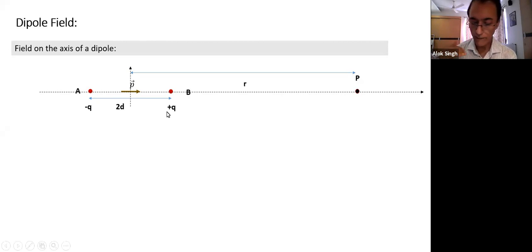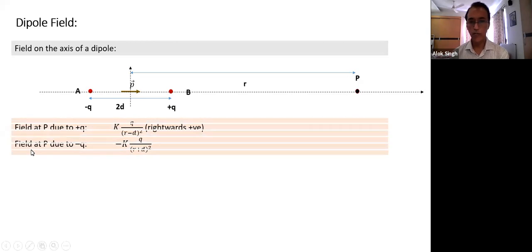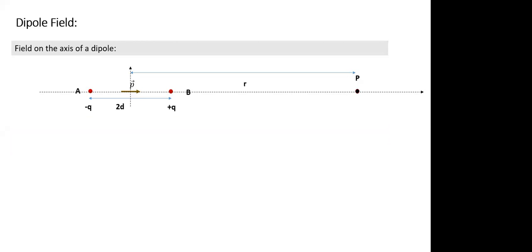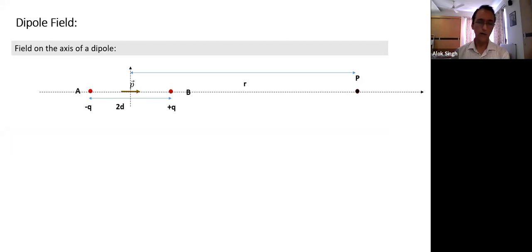Can you tell me step by step the method to find field at point P? Okay. Jaideep, can you tell me how to find field at point P? Do you recall? Yes, sir. We place a unit charge at point P and then find the field due to plus Q and minus Q, sir.